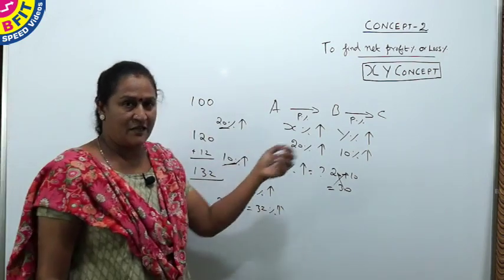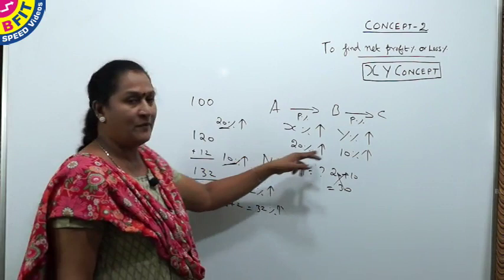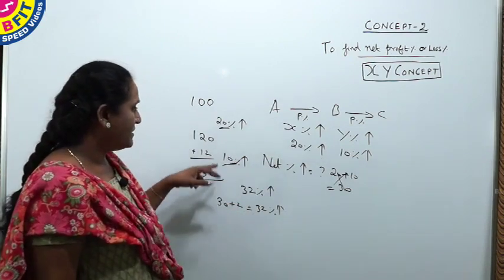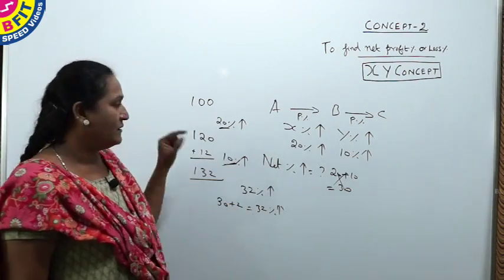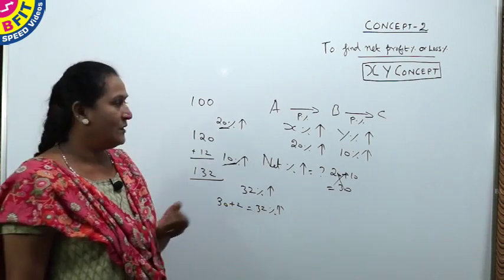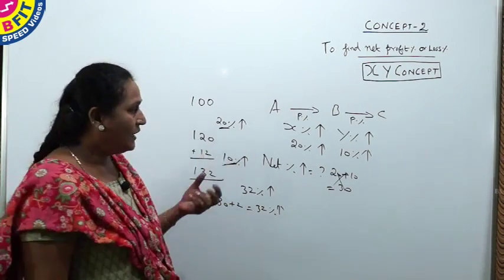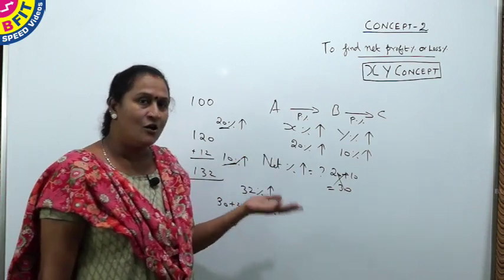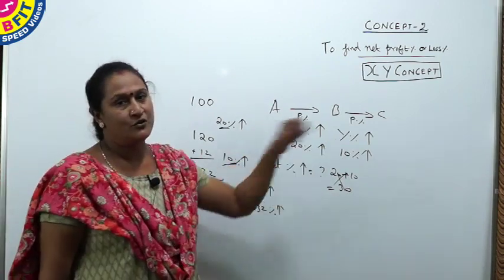So now having the same concept, instead of 20 plus 10, 30, we have an additional 10% for this 20. That is the additional XY concept. So using this XY concept, I will tell you how to find the net increase or decrease whenever you have two changes.